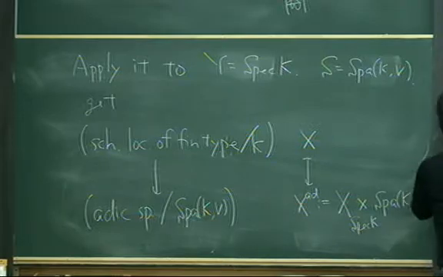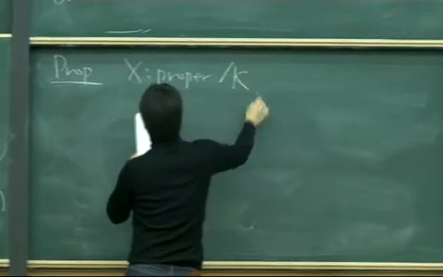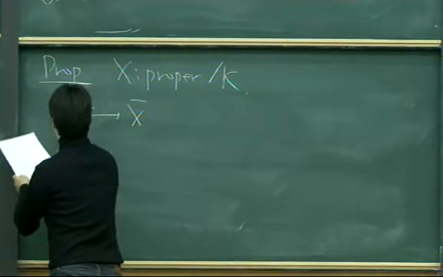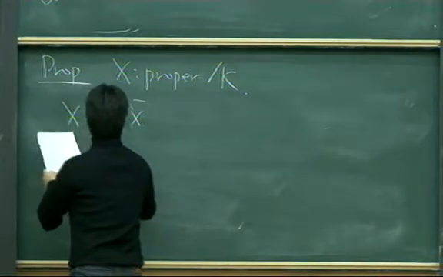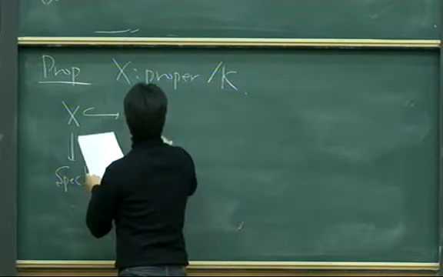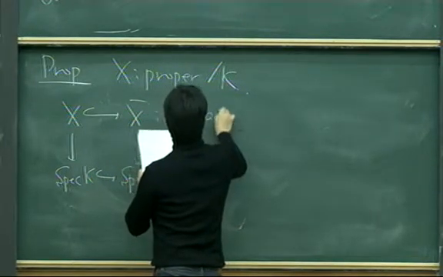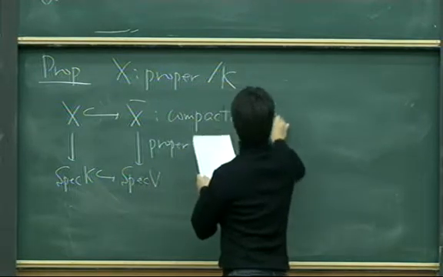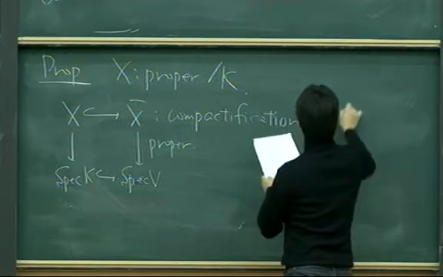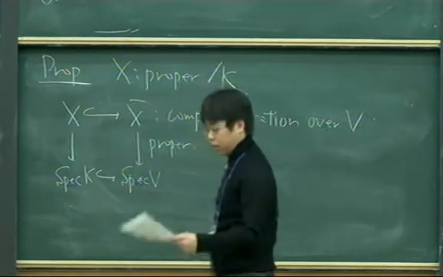The proposition is that if X is proper over K, take a compactification of X over V. We assume that this is also proper, so this is a compactification over V. So we always take such a compactification.